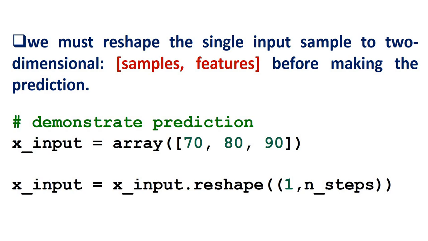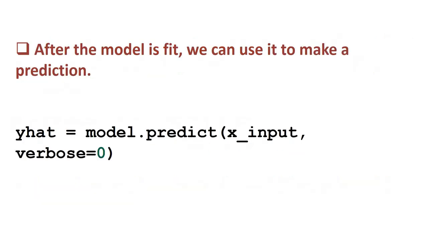So for example, x underscore input is, let's say, an array of 70, 80, 90, and you would like to predict the next number after 90. Then the first thing you do is x underscore input equals x underscore input dot reshape 1 comma n steps.